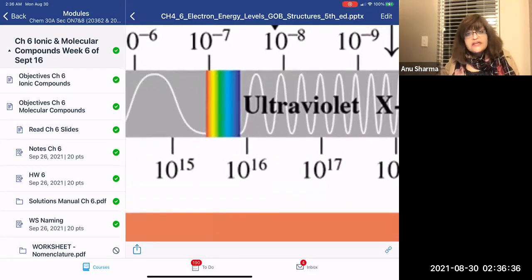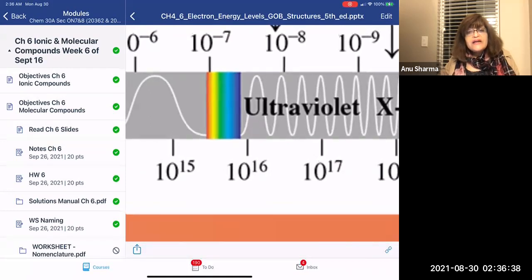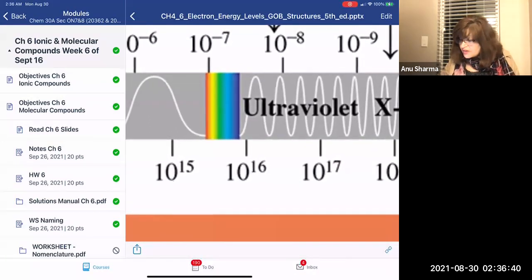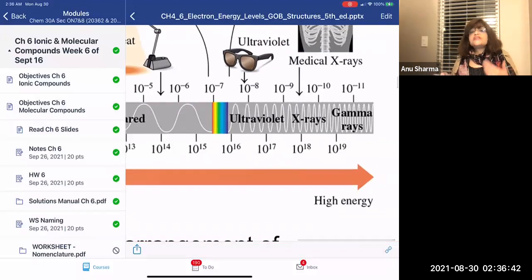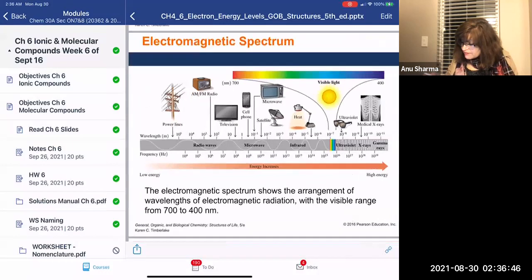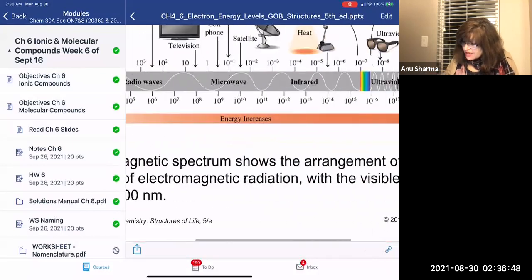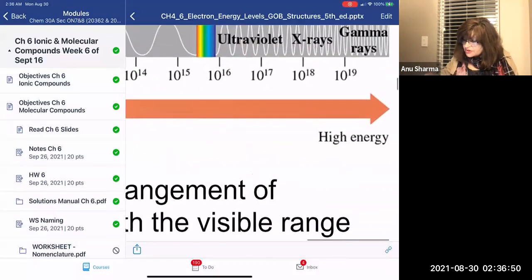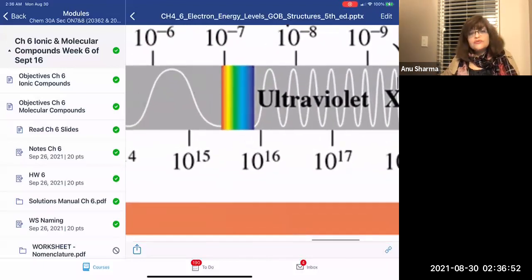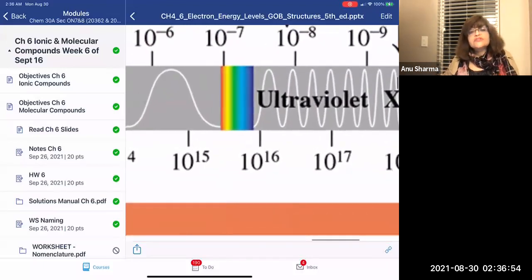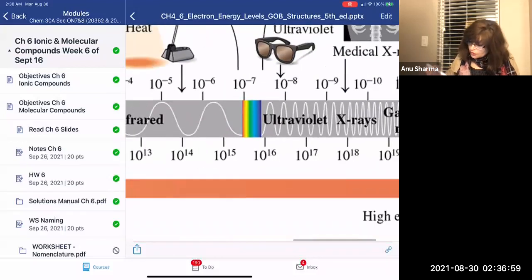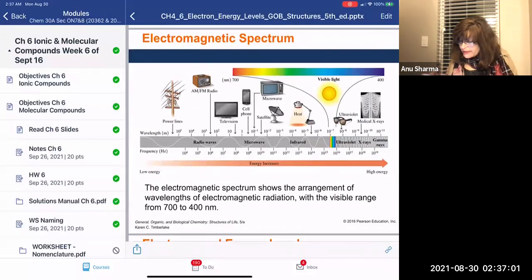That color is associated with the frequency and the wavelength. And that color tells you how much energy is present inside that. So we know for sure that this is low energy, but as you move, high energy. So even here, violet is towards the higher energy, the red is towards the lower energy side, and everything else is in between. So that is the electromagnetic spectrum.